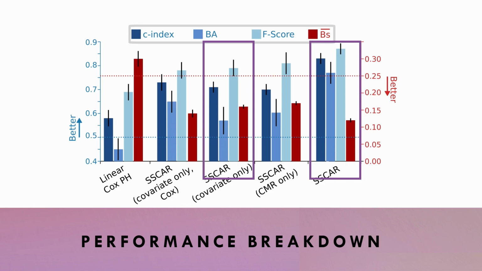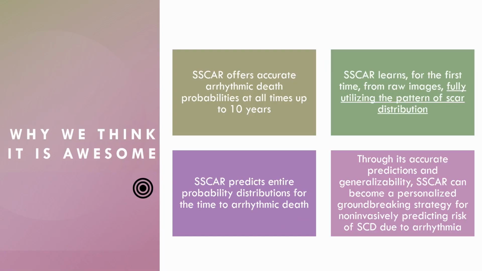You can see that the neural network picks additional information from the images that is not contained within the radiology report. So why do we think this is a pretty awesome approach? Because it offers a prediction of probabilities up to 10 years ahead and really fully utilizes the pattern of scar distributions.